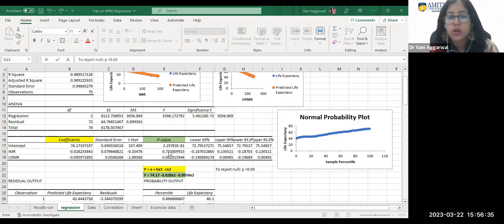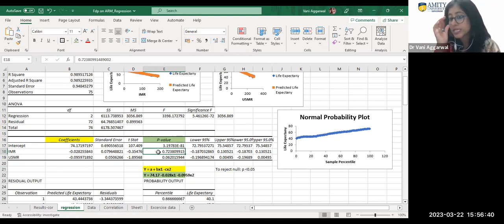Now, what is the P value here? See, for IMR, the P value is insignificant. It is greater than 0.05. It is 0.72.